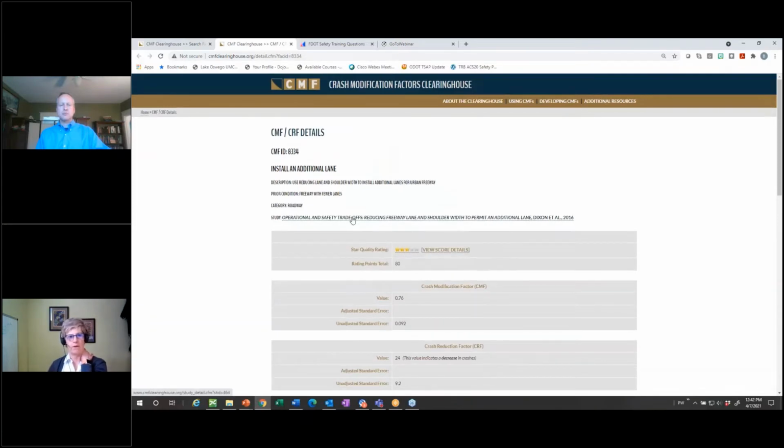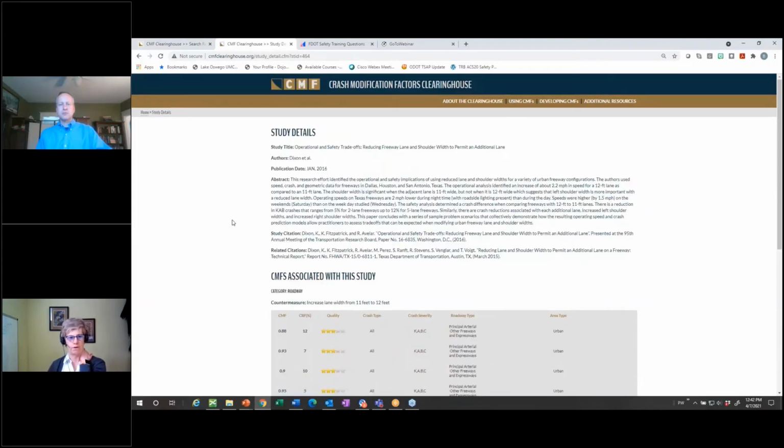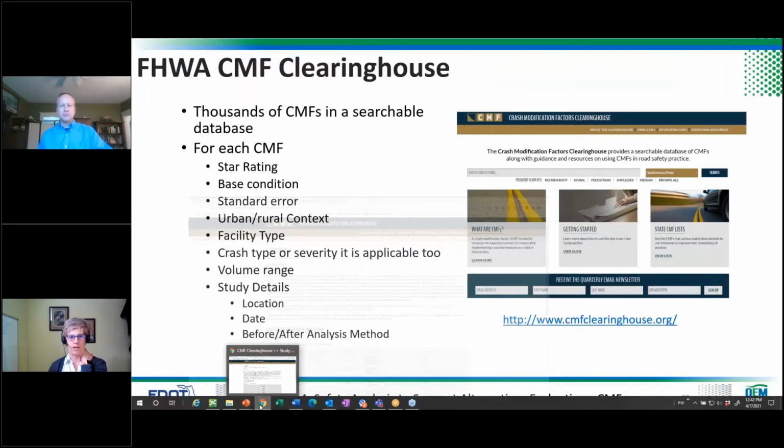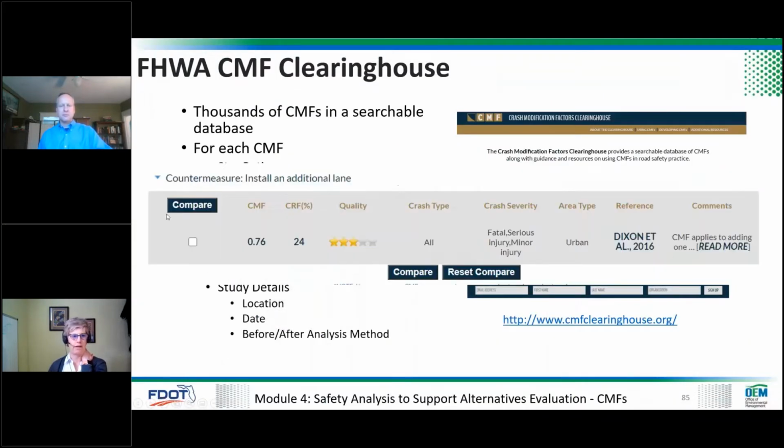And then often you can click through yet further to an abstract of the study. This is really helpful also, because again, you can start to get an understanding of the context and the applicability of the CMF to your situation. So I encourage you, when you get into the clearinghouse and you get this, don't stop here.